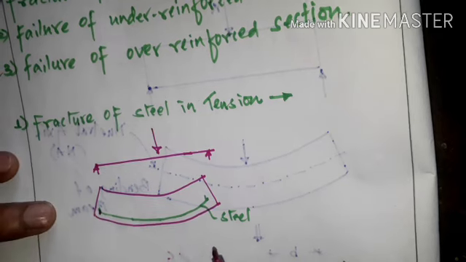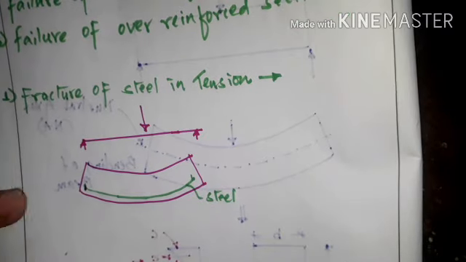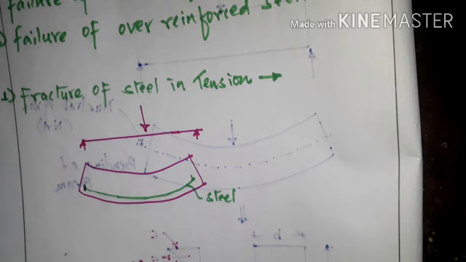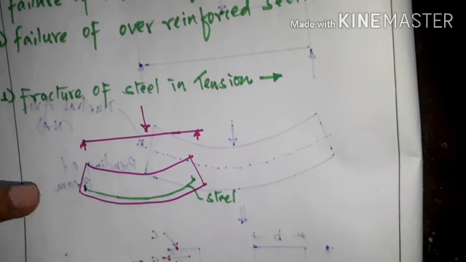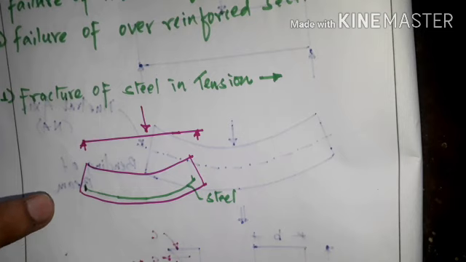Okay, so whatever steel is provided in the section, if that steel is less than the minimum percentage of steel required to be provided in the section, what will happen? The section will fail because of fracture of steel in tension.